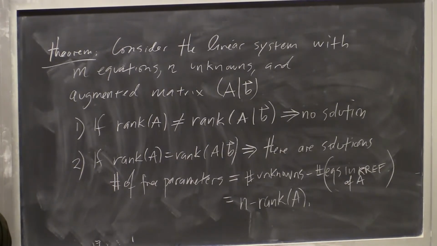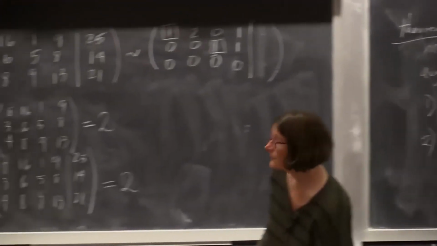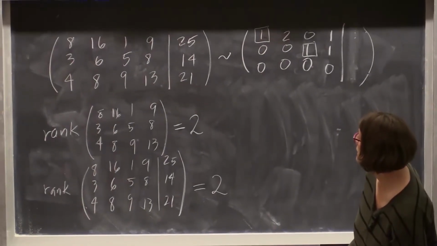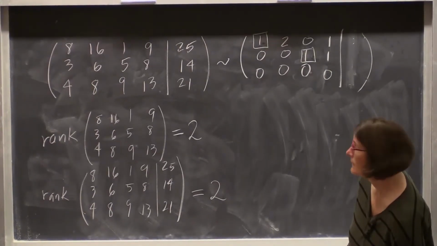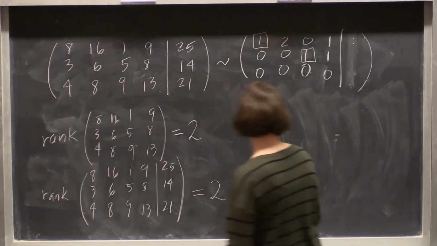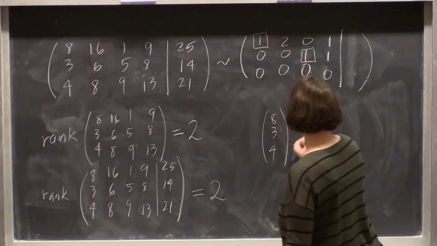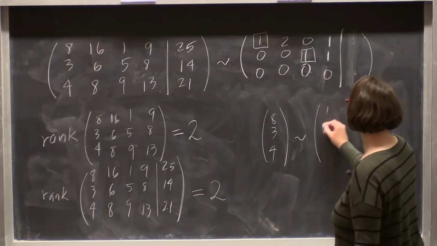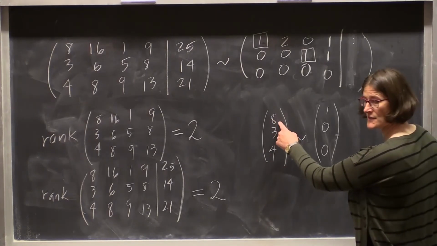Yes? If you were to take the matrix 8, 3, 4, would the row echelon form of that be 1, 0, 0? Yes. First you would divide by 8 and make it into a 1.